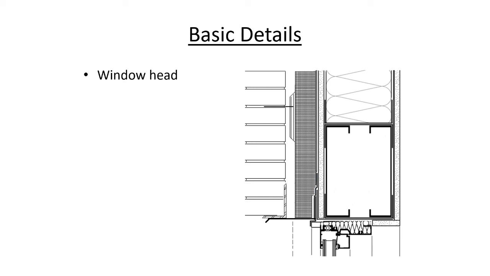We can see flashing, the lintel for the brick tie, and the continuous insulation in this application. The insulation for the boxed header should be within that space, but it's omitted here just for clarity to show the box configuration of that header.